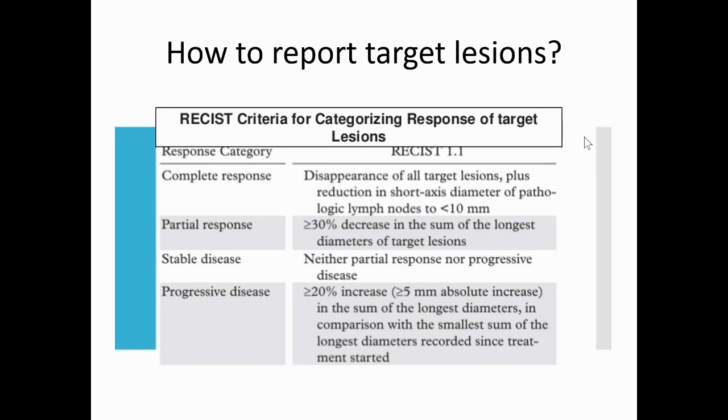And if there is a greater than 20% increase, then that's progression. Now, please note that if the increase was less than 20%, then that's stable disease. And if the decrease was less than 30%, that's also stable disease.